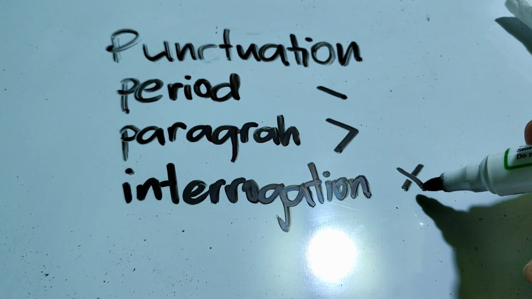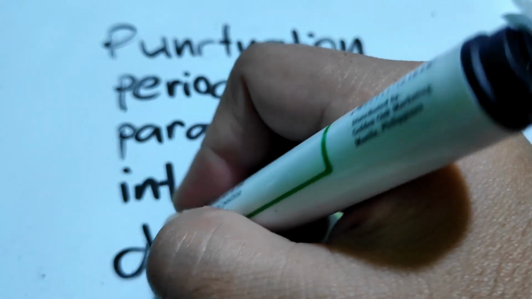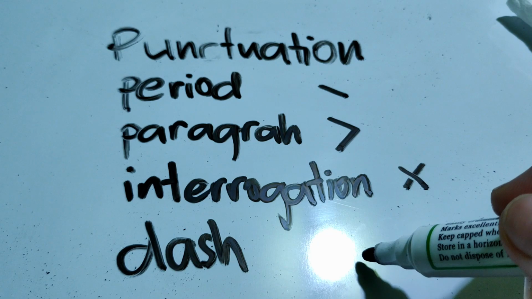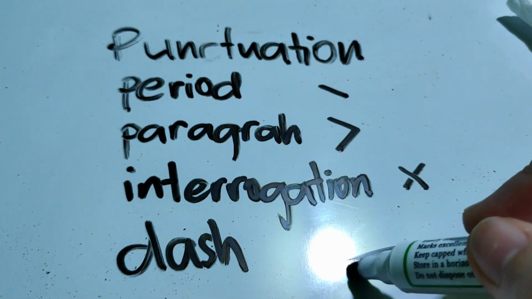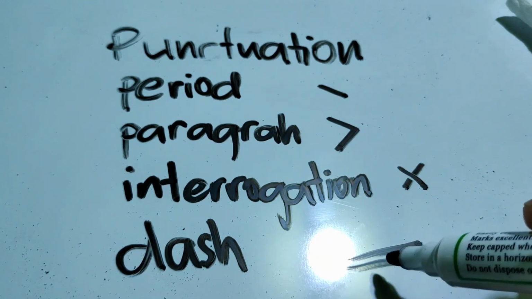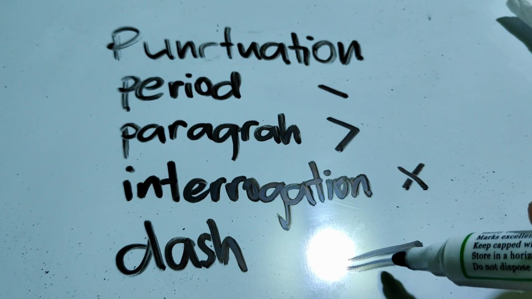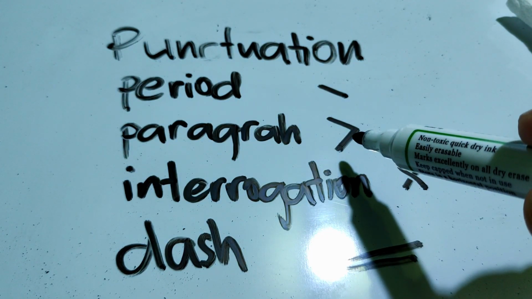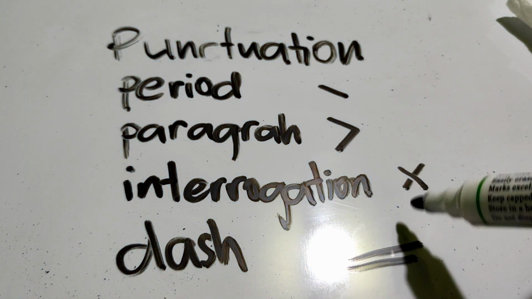And then, for the dash is duha ka linya. Pinaslant gamay then duha ka linya nga parallel silang duha. So this is your period, this is your paragraph, this is your interrogation or question mark, and this is your dash.